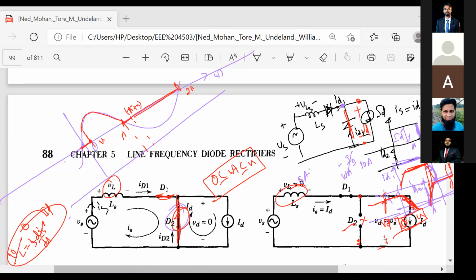So during the commutation period, D1 and D2 both are on, 0 to u, and even after pi to pi plus u. So our output voltage wave shape will be like this, and this is your twice pi, this is your pi, and this is your 0.